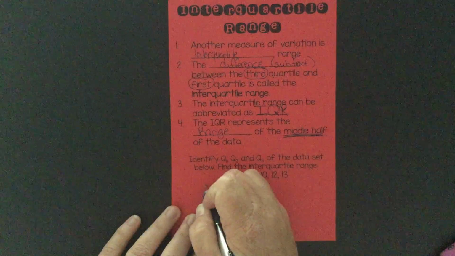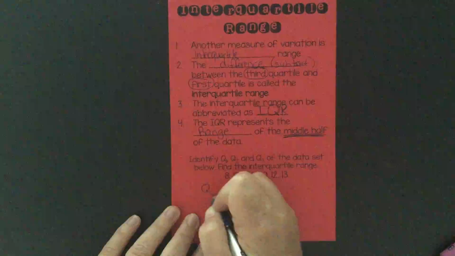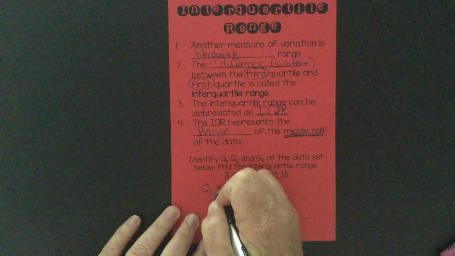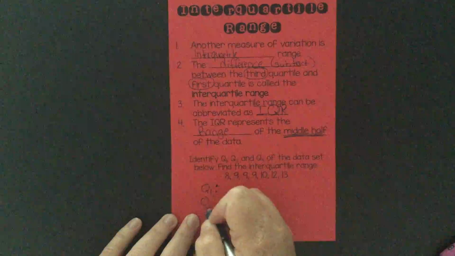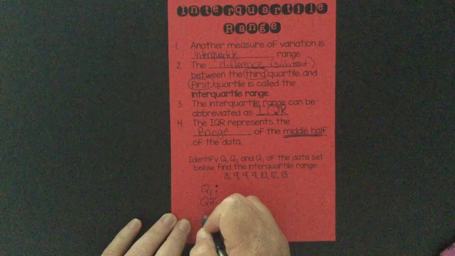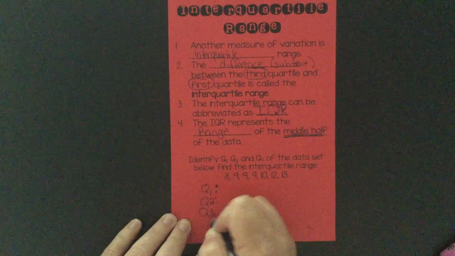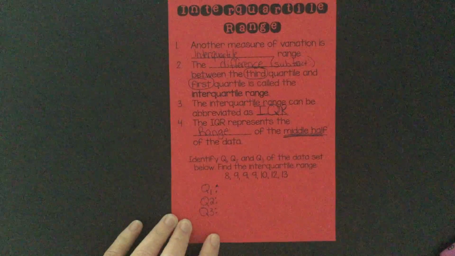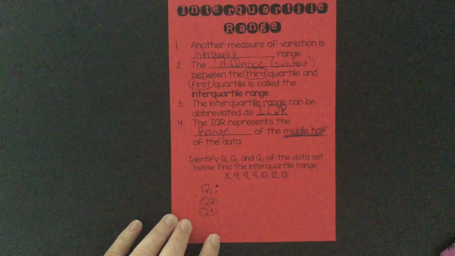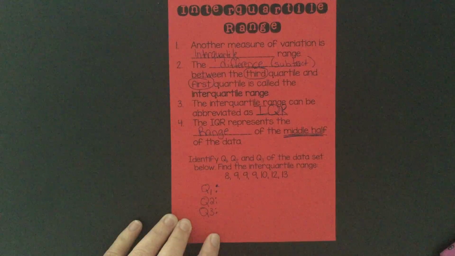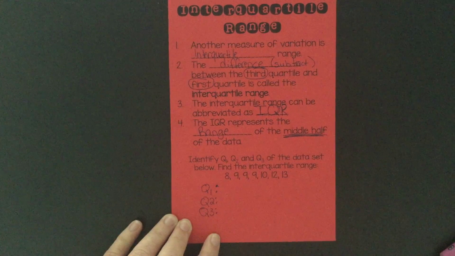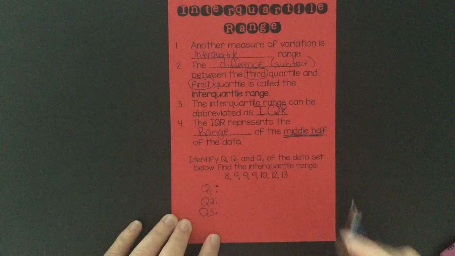Now, let's find what quartile 1 is going to be. Quartile 1. Quartile 2, we're going to have to find out all these. Quartile 3. And if we remember from our last one, which quartile is the middle? Go ahead.